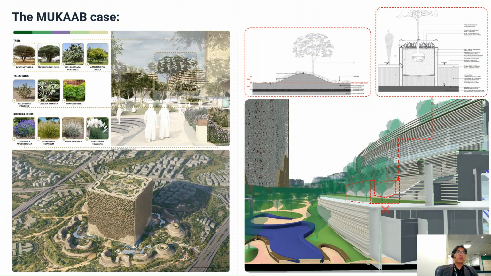We have to come up with some solutions, like instead of planting trees on earth mounding, we place them in a proper raised planter.